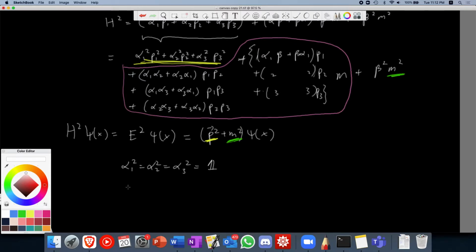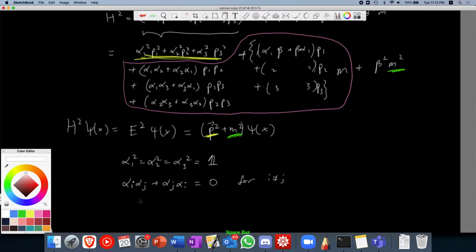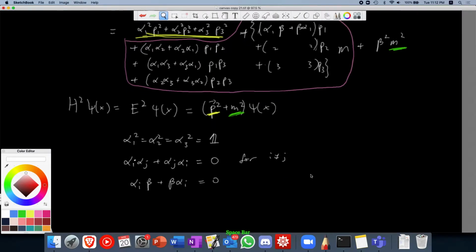Then we want all the anti-commutators to be equal to the zero matrix for i not equal to j. Then we want alpha i beta plus beta alpha i to also equal 0, and we want beta squared to be equal to the identity matrix.